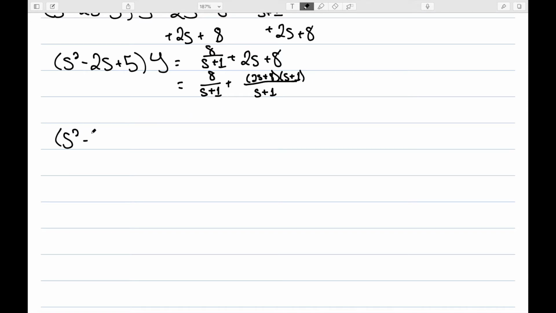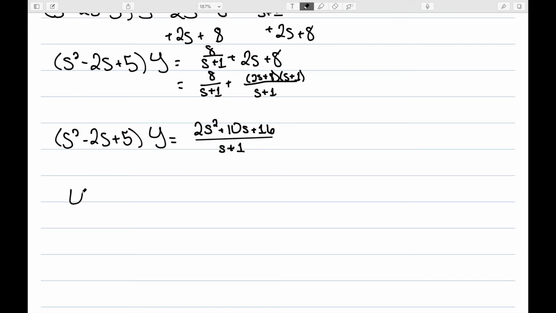That gives me s squared minus 2s plus 5 times capital Y. And if I multiply out this right-hand side and simplify it, we get 2s squared plus 10s plus 16 over s plus 1.